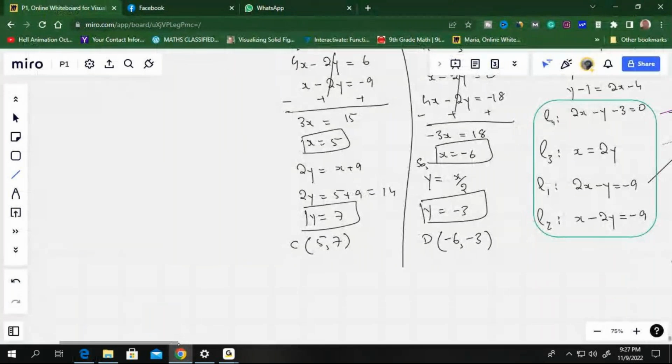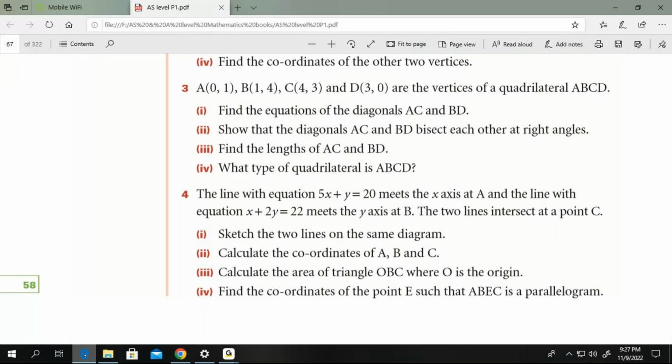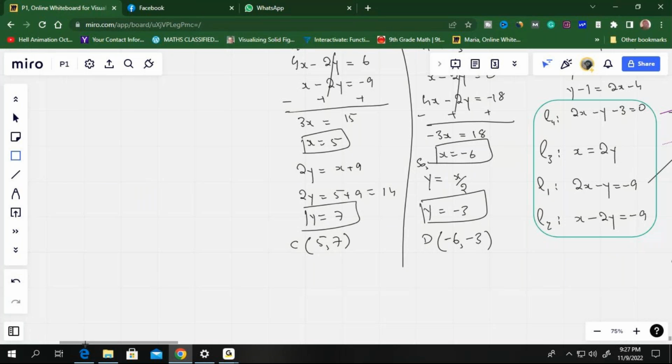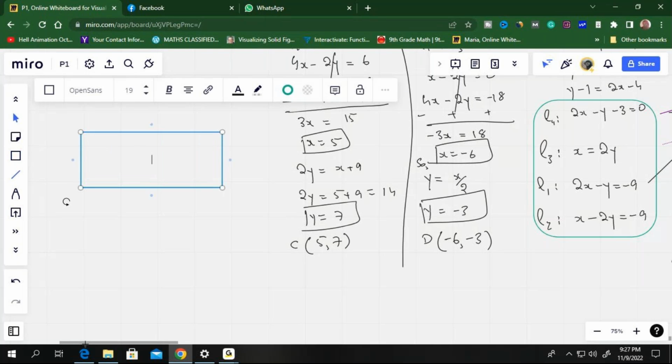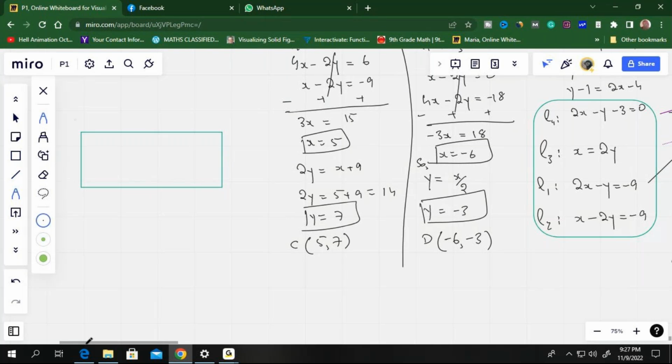So this tells me that if I try to draw here roughly my quadrilateral, for example, if it is a rectangle, whatever it is, I'm just doing it roughly, and I draw here my AC and BD diagonals.